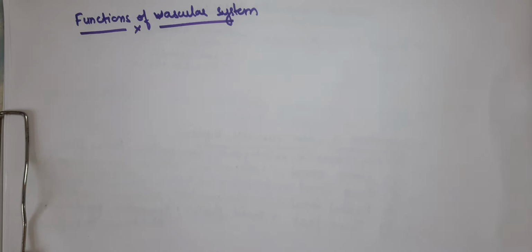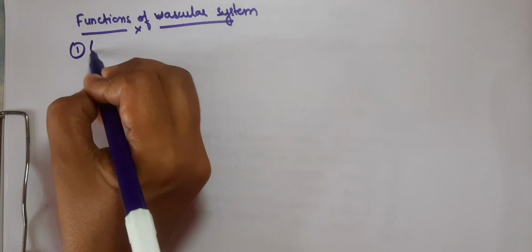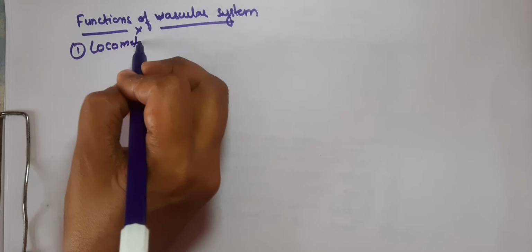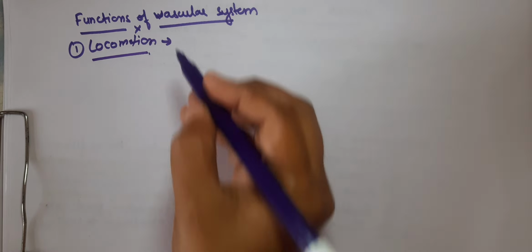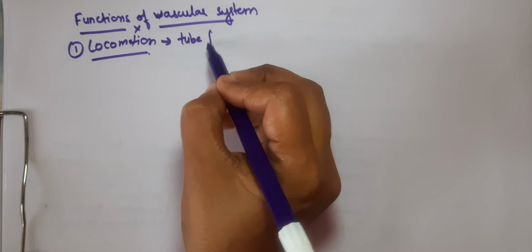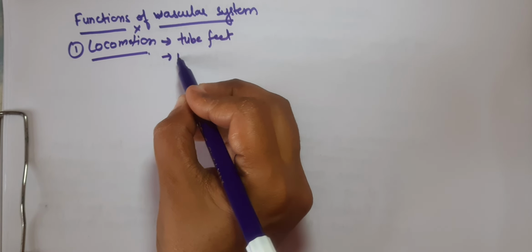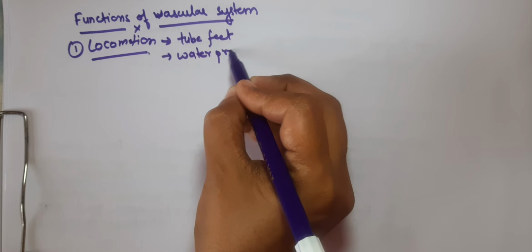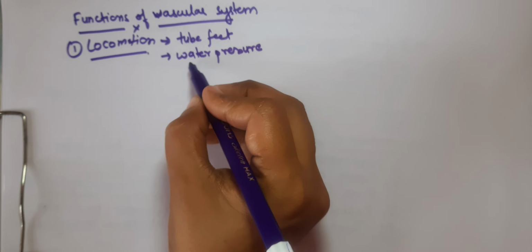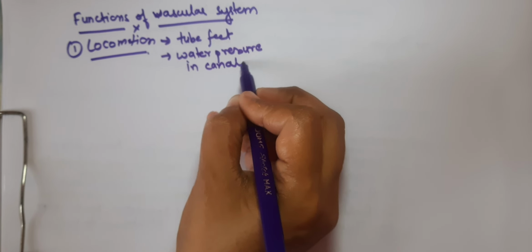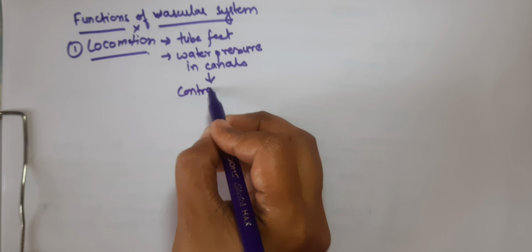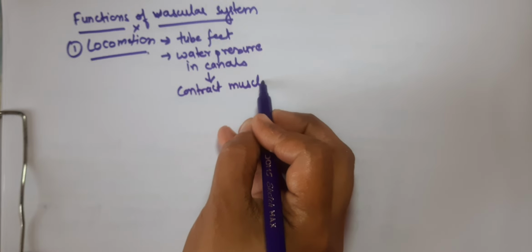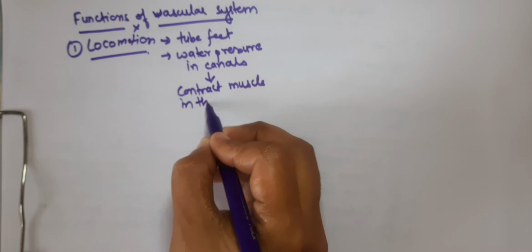So now let's learn about the functions of the water vascular system. First of all, it will help in locomotion. This system enables the echinoderms to move using their tube feet. The water pressure in the canals will exert a pressure that will contract the muscles in the tube feet.